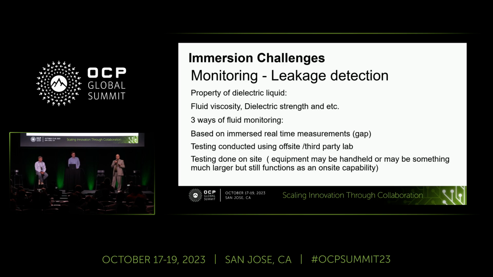We evaluate main challenges, but also we take into account everything and try to work on that and take the contribution from our community. One of them is monitoring and leakage detection, and there are many parameters which can be evaluated by fluid properties, and also there is a challenge to detect leakage, as the fluid is dielectric and many ways are not working for that.